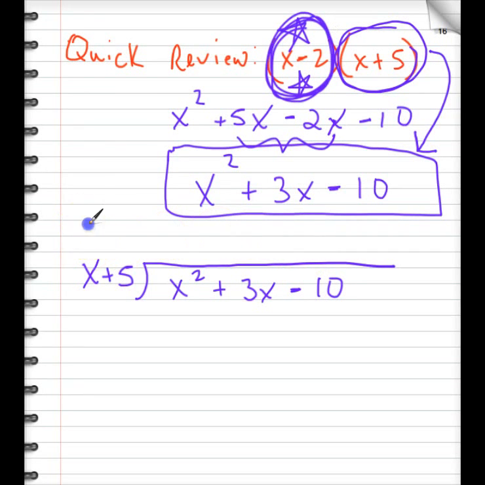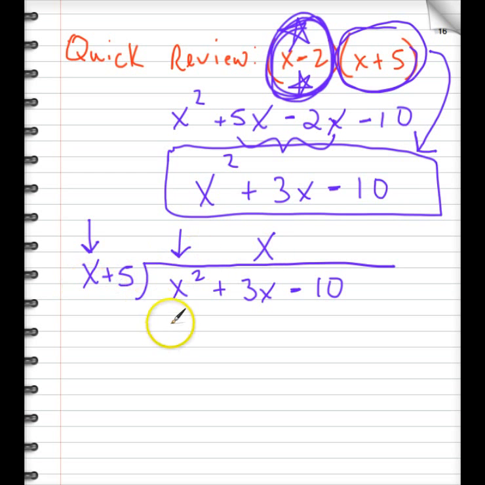I start with my x right here, and I compare it to this x squared. And I ask myself, x times what gives me x squared? Well, it's x times x, so I need to multiply by x. This is the x column, so I put the x up here, and I multiply back.